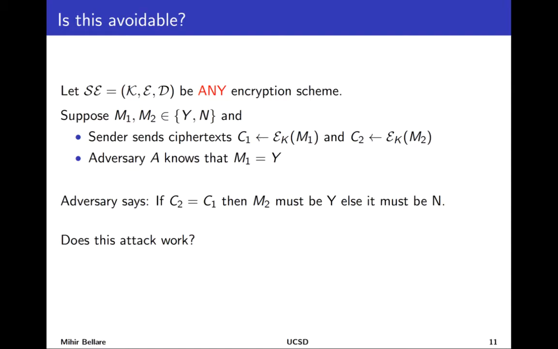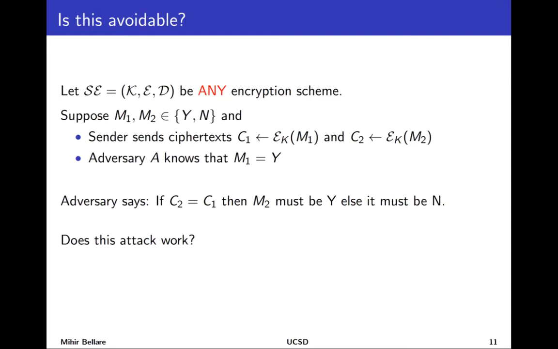Why is that? Because correct decryption ensures that E is uniquely decryptable. And if they don't match up, it must be that M1 and M2 are different. So this is an attack which claims to recover the second message. If this attack were correct, it would say that unavoidably encryption is going to leak this type of information.